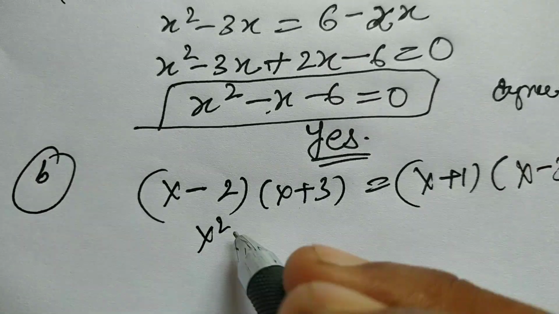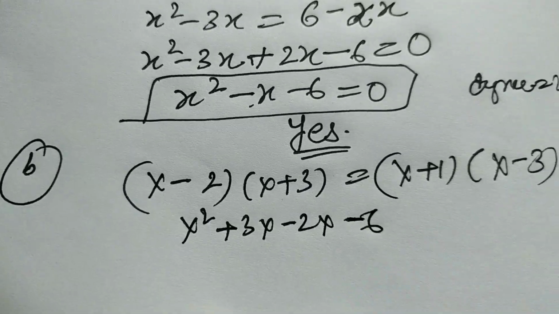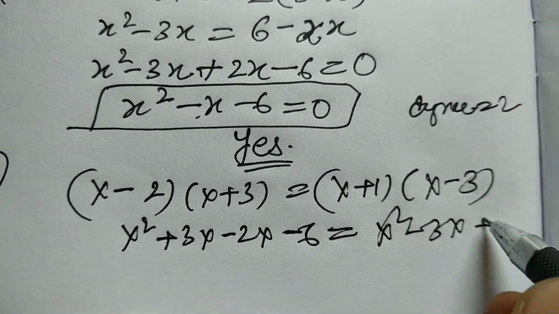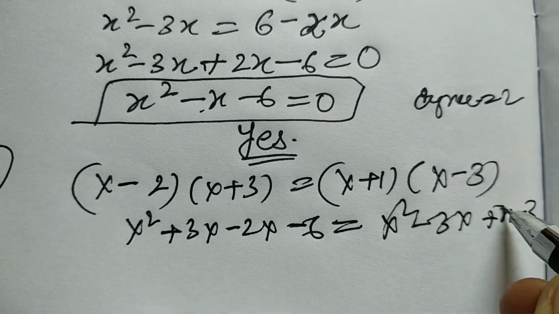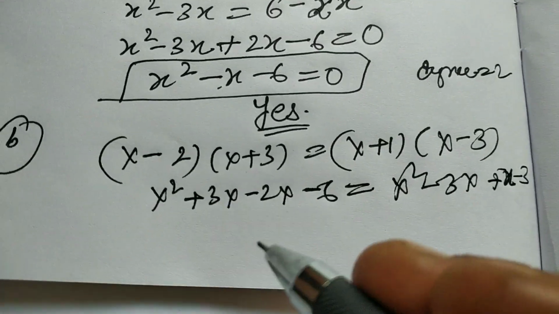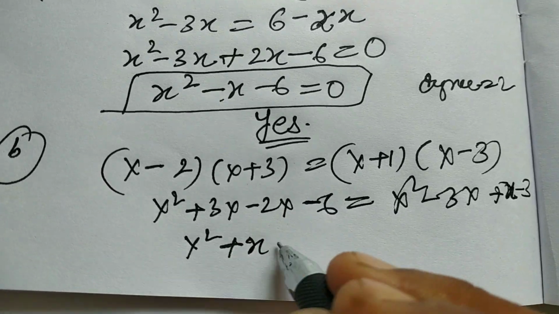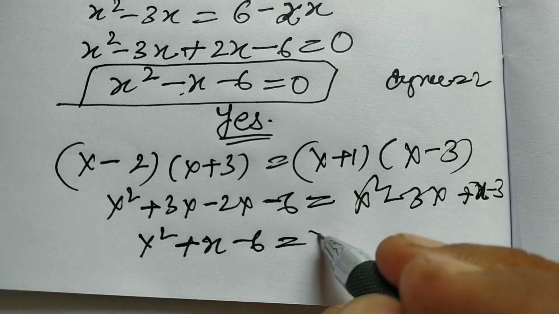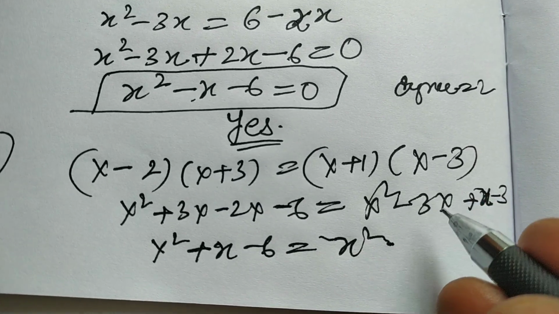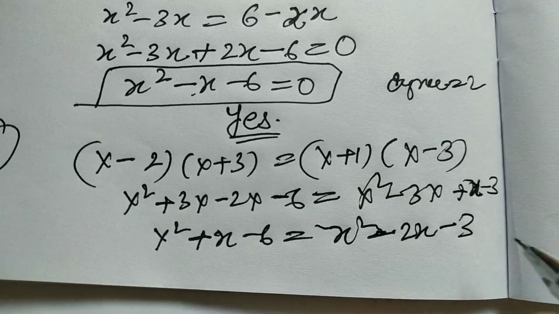This is x square plus 3x minus 2x minus 6 is equal to x square minus 3x plus x minus 3. So x square plus 3x minus 2x minus 6 is equal to x square minus 3x plus x minus 3.